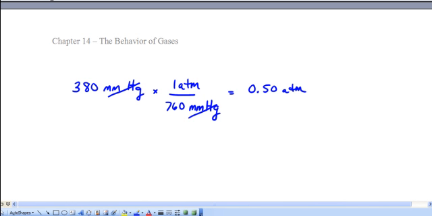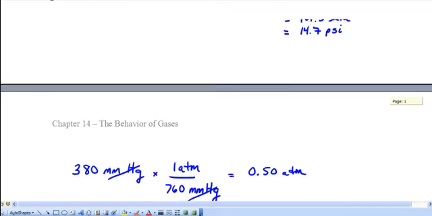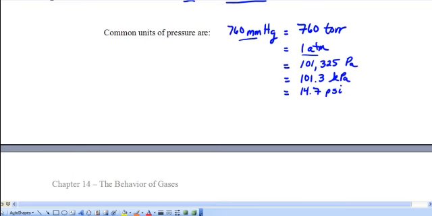Now, if you wanted to convert from that atmospheres into kilopascals or pascals, let me switch colors here. We could start with that 0.50 atmospheres and change it into kilopascals by multiplying by 101.3 kilopascals over 1 atmosphere. And of course that comes from the fact that 1 atmosphere is the same as 101.3 kilopascals.